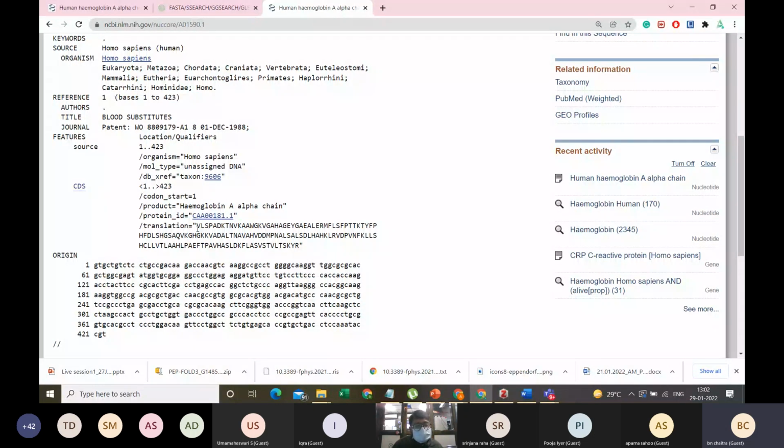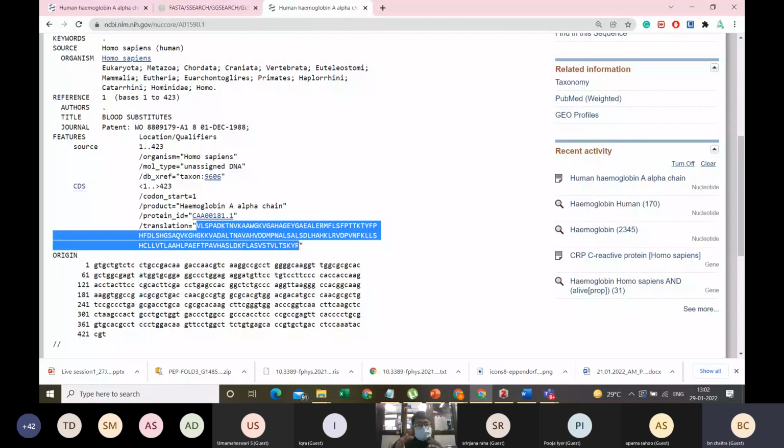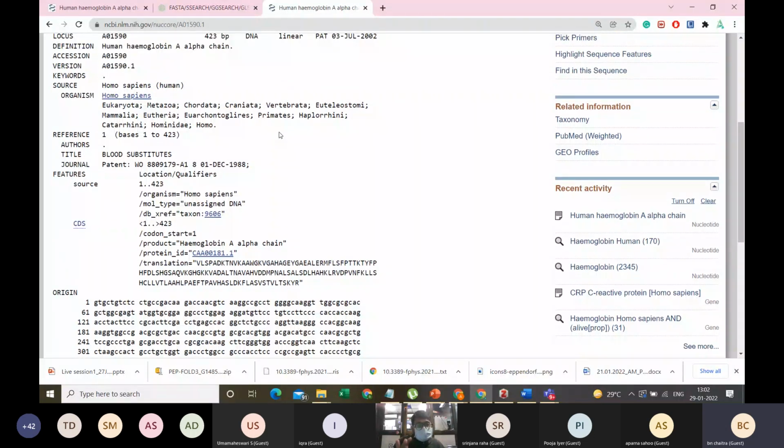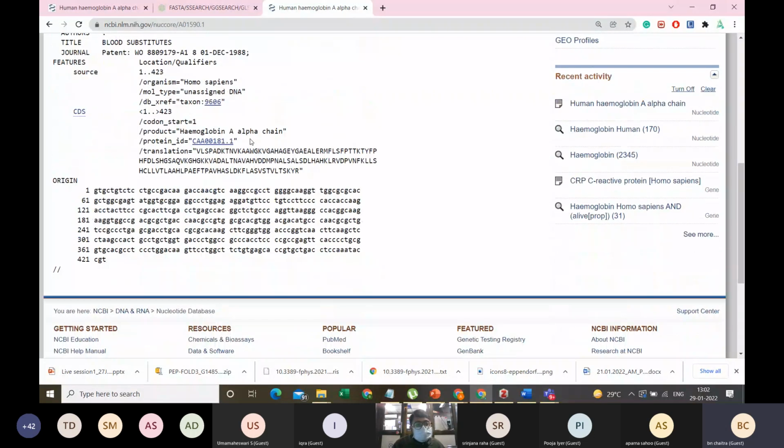This is the protein that gets coded from the genomic DNA. This is the translation, which gives the protein. The codon starts from 1 and ends at 423, meaning all the 423 bases present here code for the protein. And this is the origin. Always remember that in the NCBI GenBank reference format, it ends with a double slash.